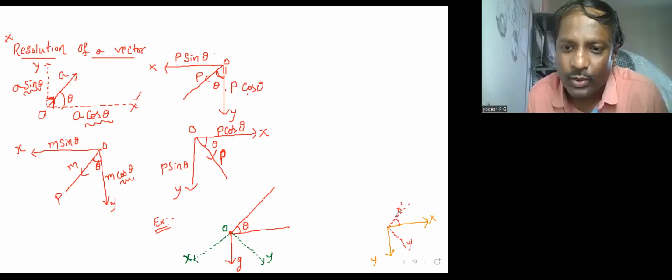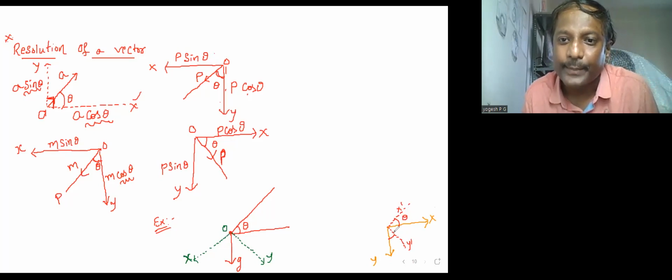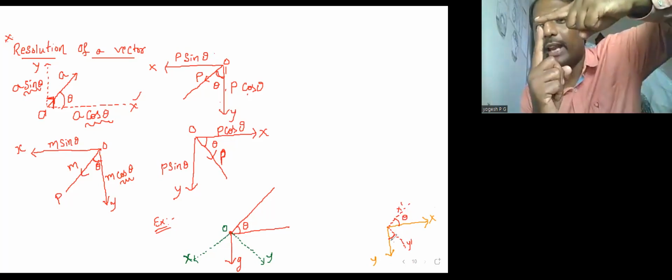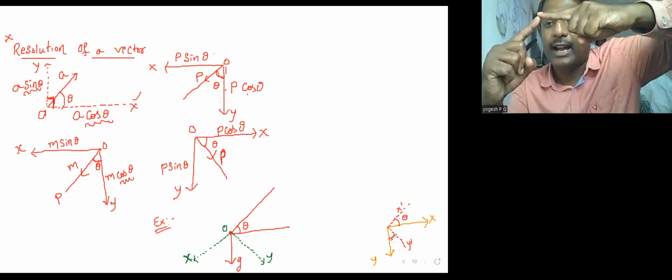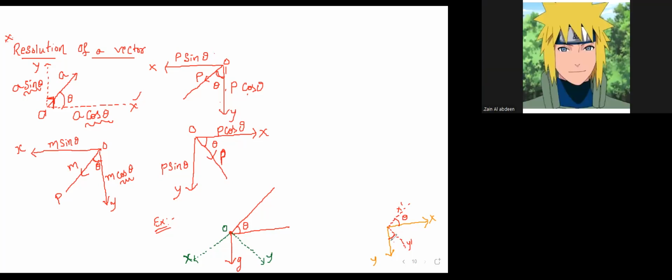If x-axis is rotated by an angle theta, then y-axis also will get rotated by what? If two lines are perpendicular, if vertical is displaced by an angle theta, horizontal also will displace by the same.